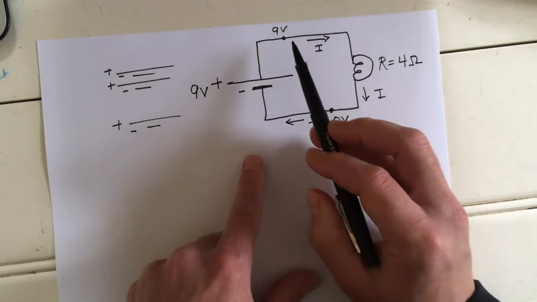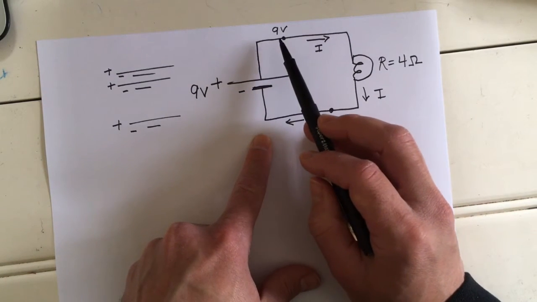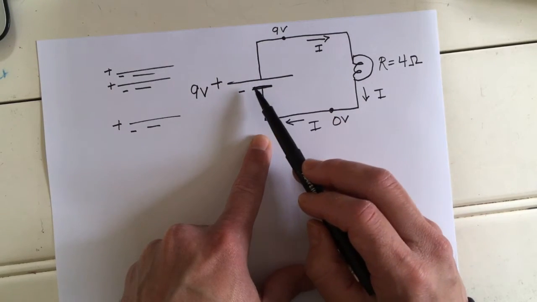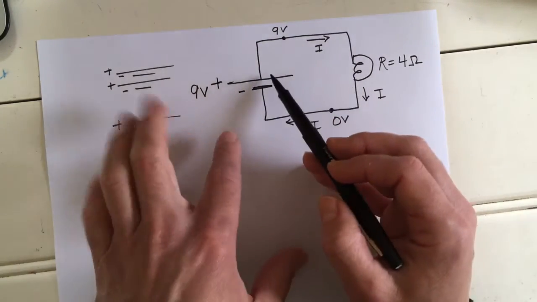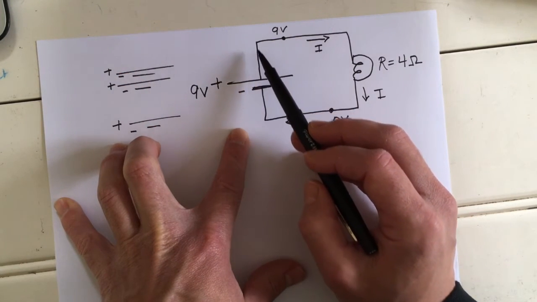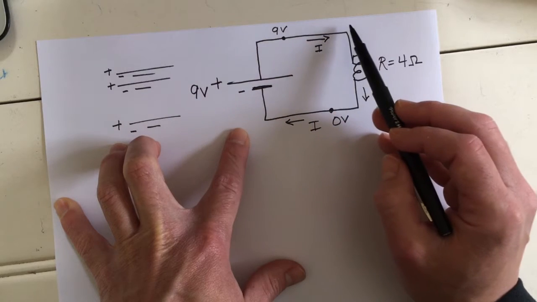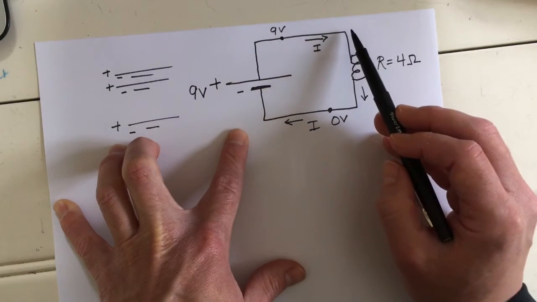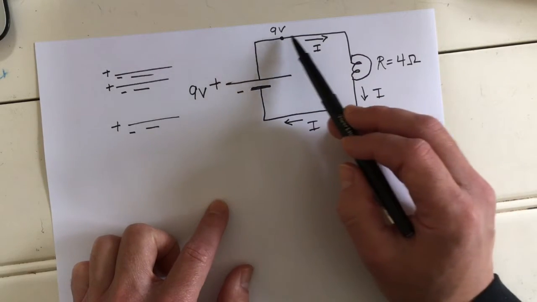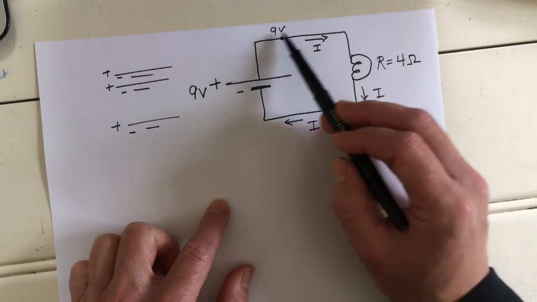And so this potential that the battery gave these charges is kind of like lifting the charge up and then letting the charge fall, gaining kinetic energy through the circuit, through the copper wire. This is the wire.